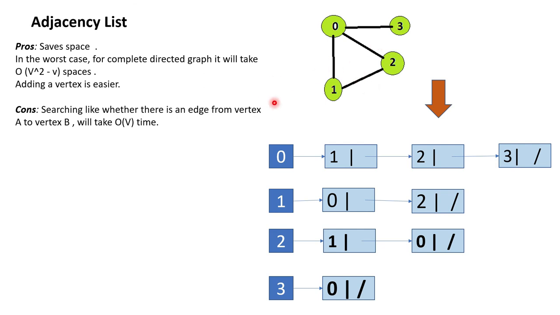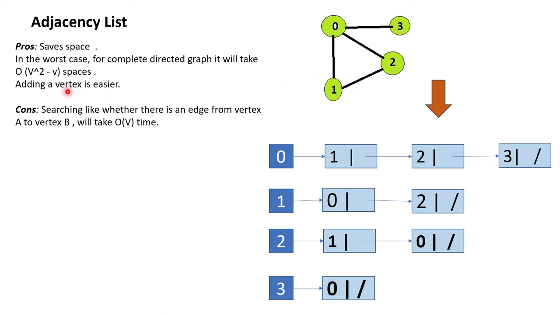Then also it is saving some space, means in case of adjacency matrix it will take 9 spaces, but here it is taking 6 spaces only. That means 9 is square of 3, and 6 will be needed for adjacency list, so it will be V square minus V, that is 9 minus 3, that is 6.